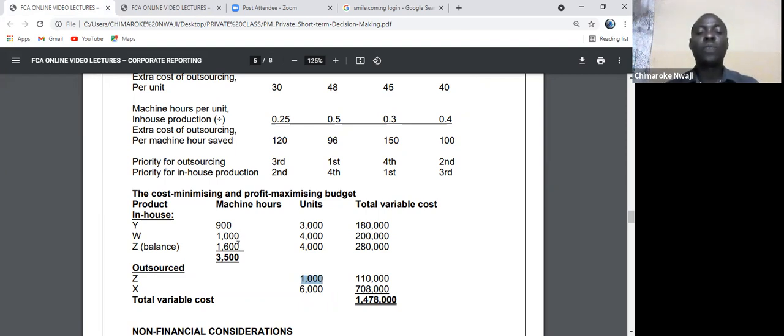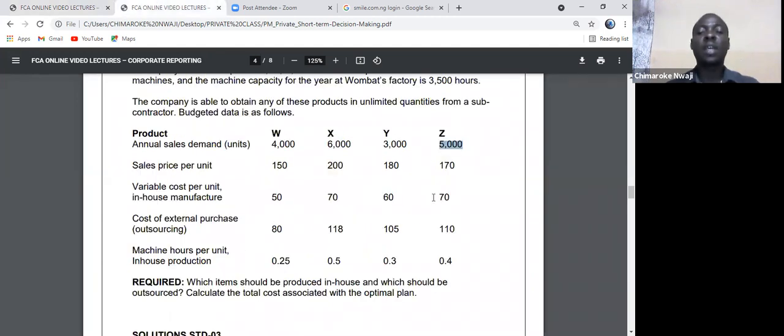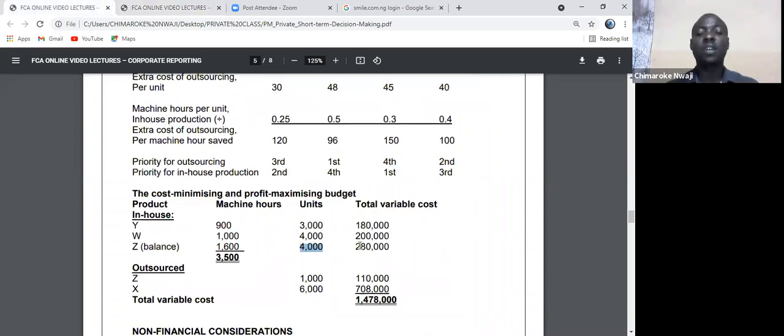So we are spending 1,600 hours, which makes it 3,500. So if we are going to do 4,000 units, and we are going to spend 70 naira per unit, we are going to be spending 280,000 naira to do Z ourselves.